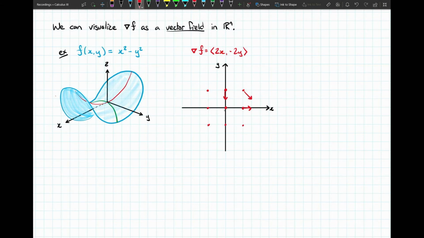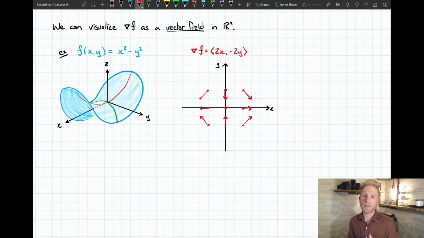Negative 1, 1, negative 1, 0, negative 1, negative 1, and so on. After drawing those arrows, you can kind of get a sense of at least the direction of the gradient at each of those points. And the farther we go away from the origin, the larger the values of x and y are that we're going to plug in. That means that those vectors should be even longer length, and we may have to scale everything even further back.